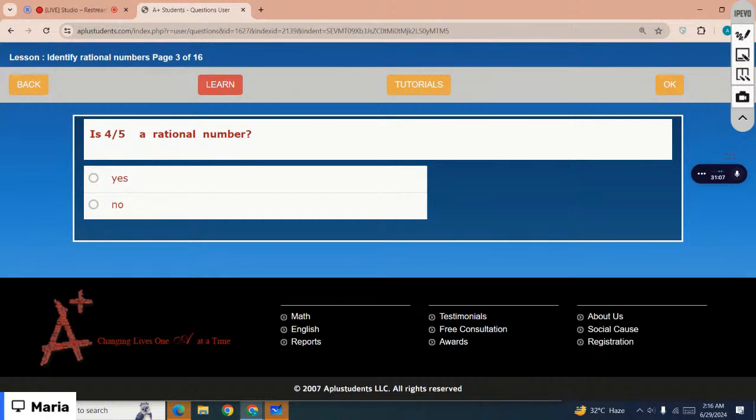Is 4 by 5 a rational number, which is the correct option? The correct option is yes, that is a rational number. 4 by 5 is a rational number. The correct option is yes.